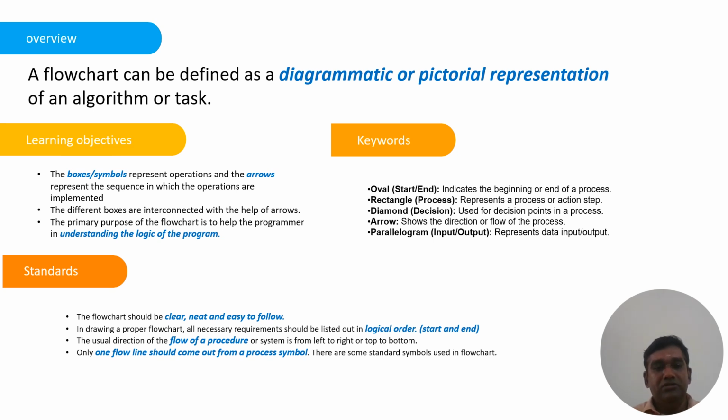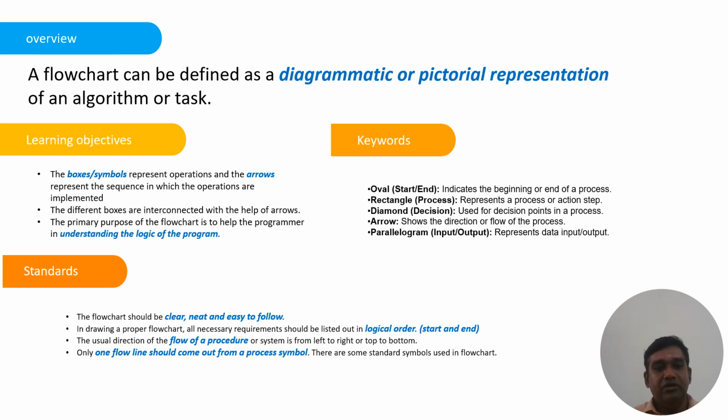A flowchart is a combination of boxes and symbols which represent the operations, and arrows which represent the sequence of the operations which are implemented. By using the symbols we can understand what steps we are going to do for completing a task, and the different boxes are connected with the help of arrows.